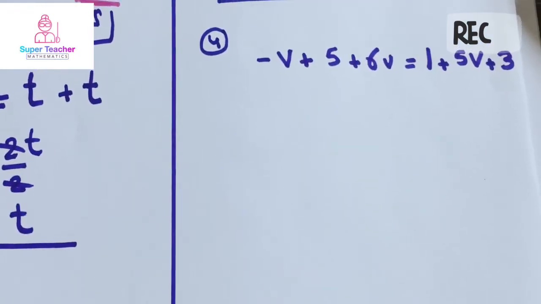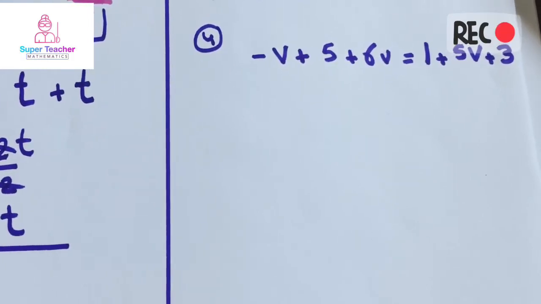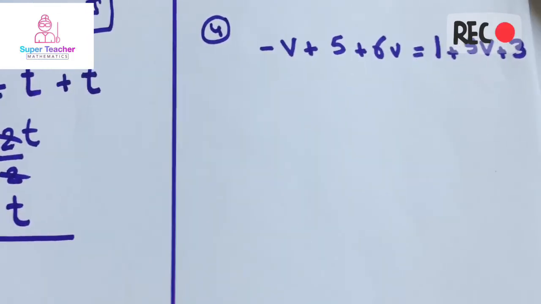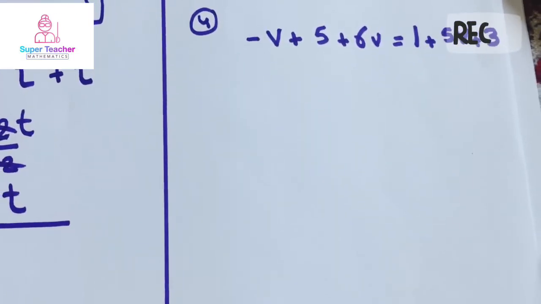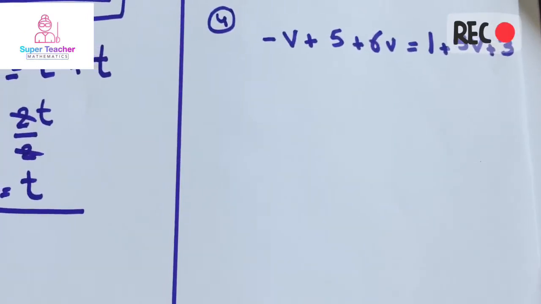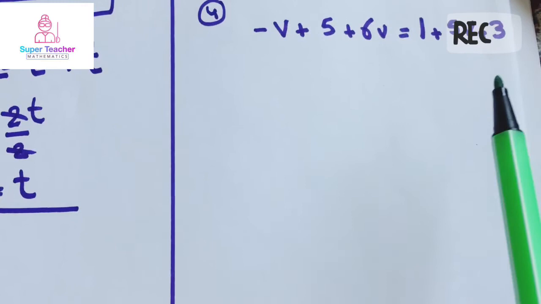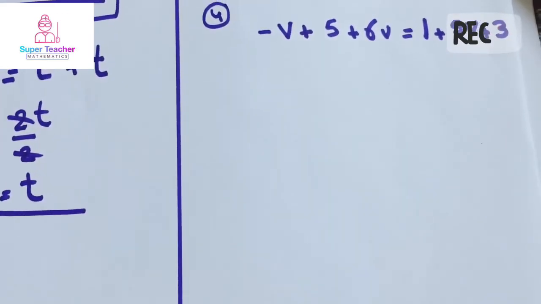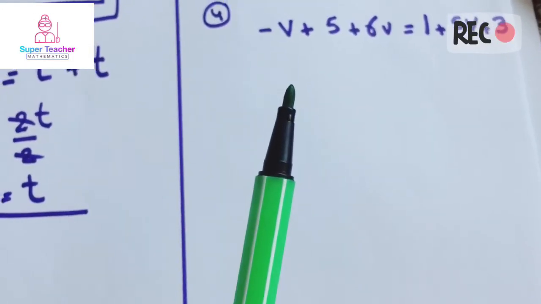Okay, now the last question, question 5: negative v plus 5 plus 6v equals 1 plus v plus 3. Here you will say, okay, we have too many v's. We have 3 v's, not only 2. It's fine, even if you have 100 v's here and 100 v's here, your job is to keep the v on one side only, the right side or the left side, and keep the numbers on the other side.